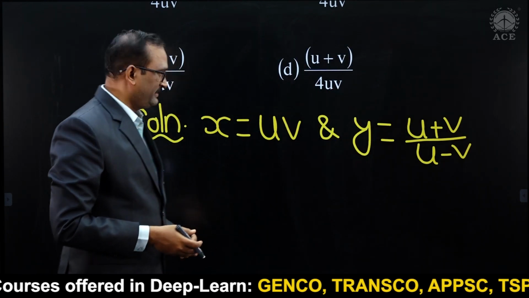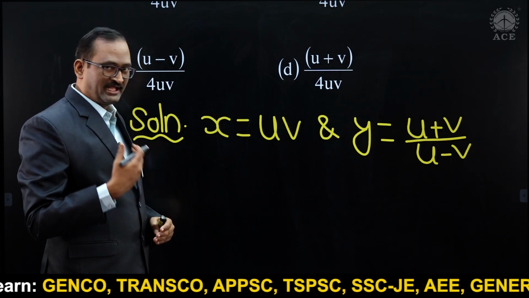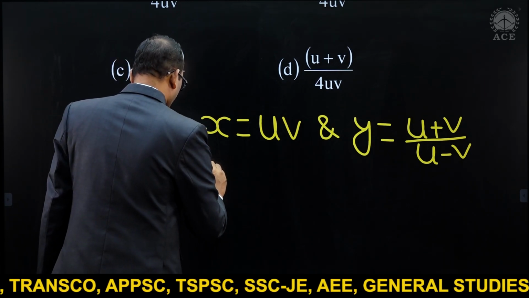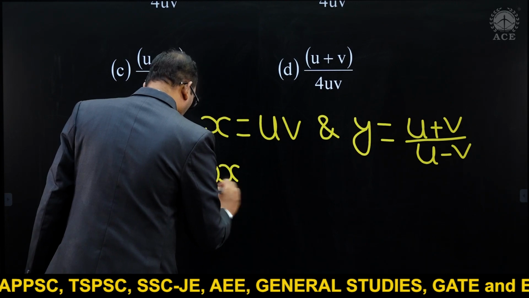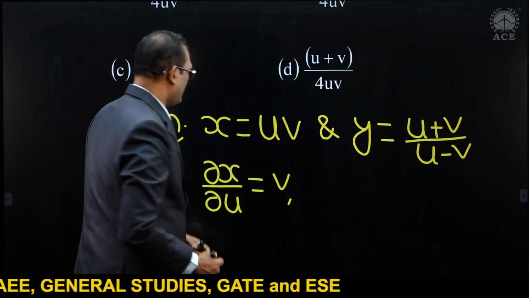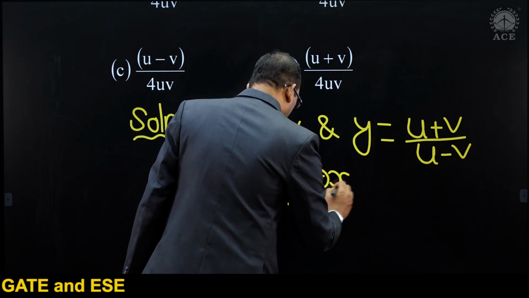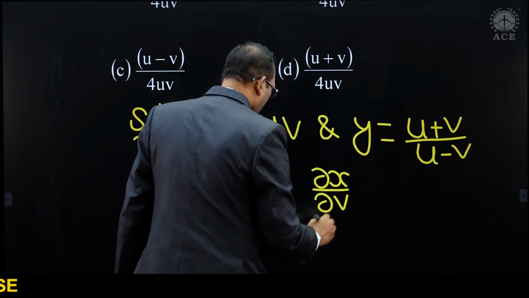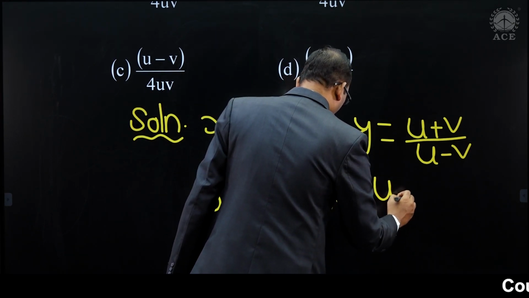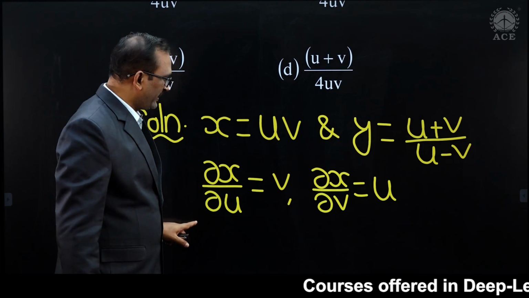Now let us find dou x by dou u, I mean del x by del u, similarly del x by del v. Here dou x by dou u is v. Similarly, dou x by dou v is u. Similarly, you can also find dou y by dou u and dou y by dou v.